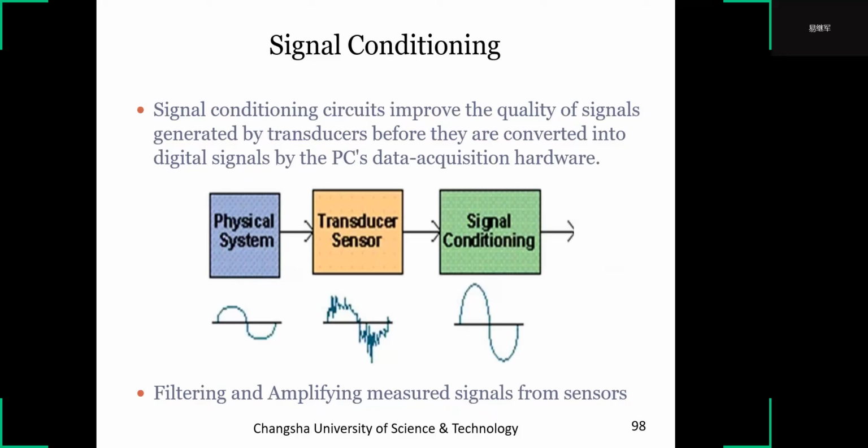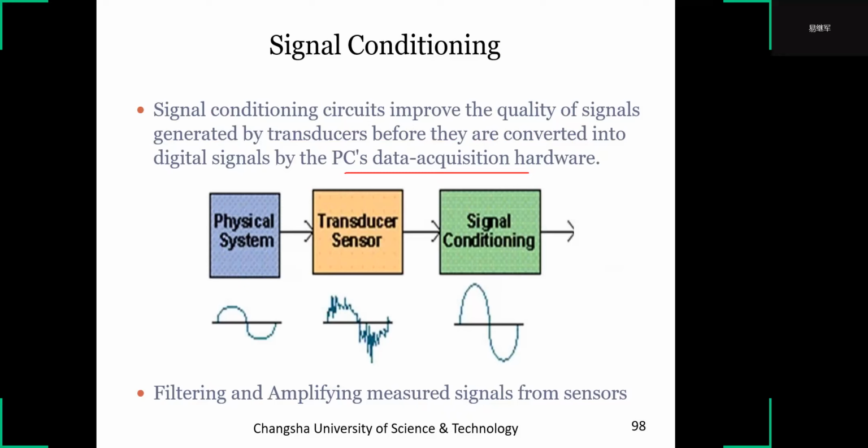Signal conditioning circuits improve the quality of the signal generated by the transducer before it is converted into digital signals by the PC's data acquisition hardware.